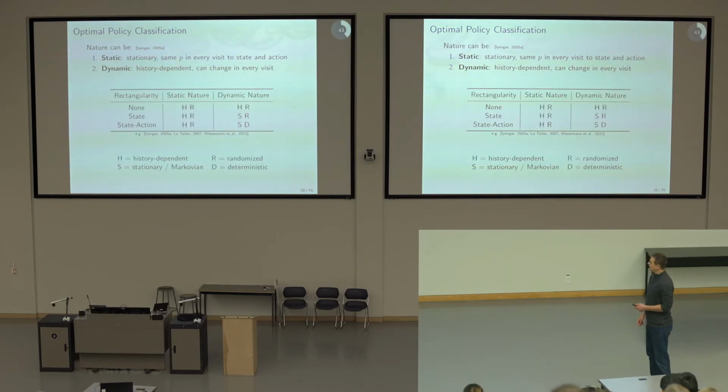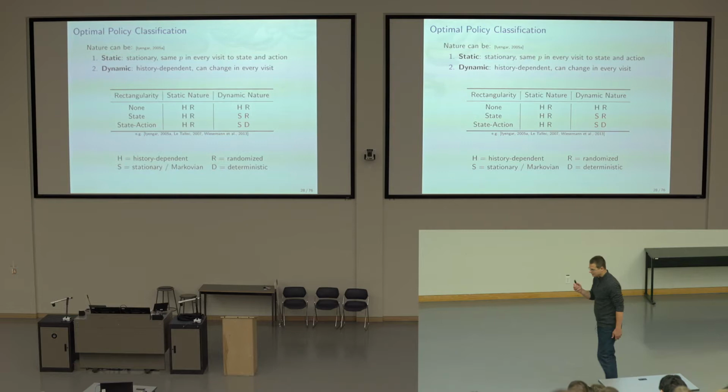Now, Adam told you about policies. It turns out that in robust MDPs, the picture is a little bit more complex than in regular MDPs. There are two or four types of policies. Your policy can be history dependent, or it can be stationary. It can be randomized, it can be deterministic.